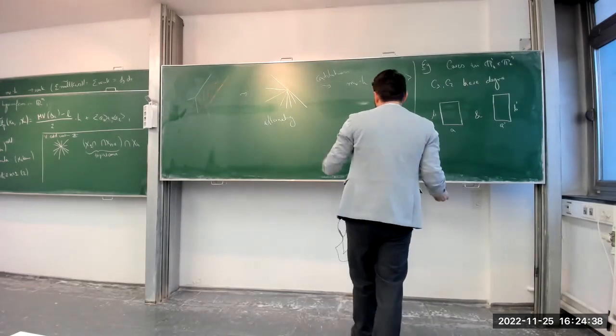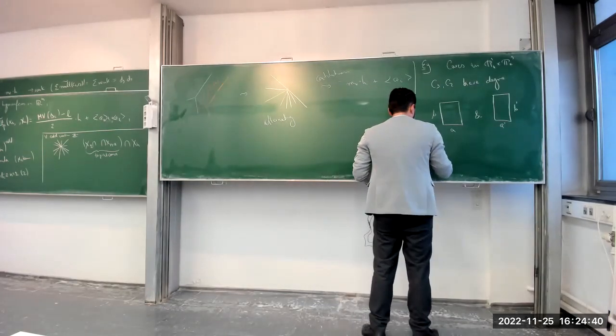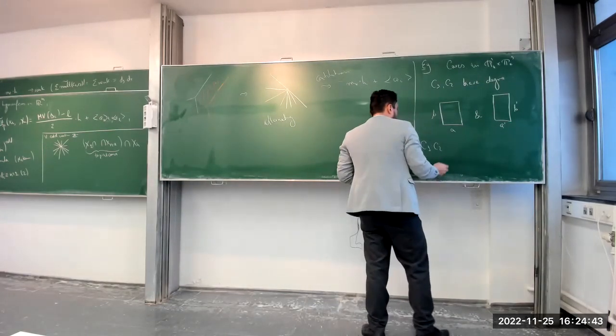And now if we try to compute the intersection, so now we have C1 times C2.